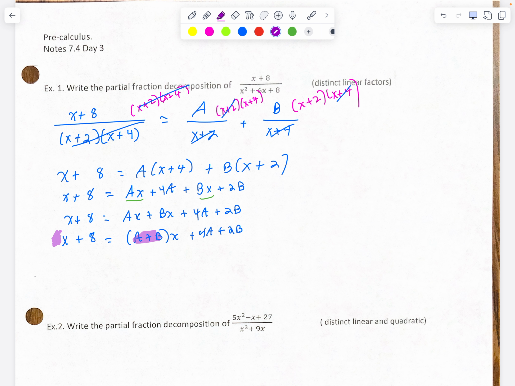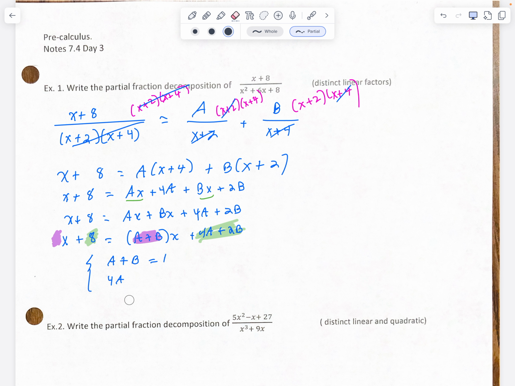But if we all put it back into there, A is over x plus 2, so 3 over x plus 2. And with B being negative, I'm going to put the negative here and have the 2 be positive over x plus 4.